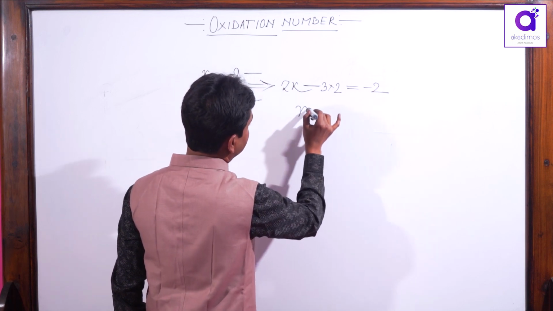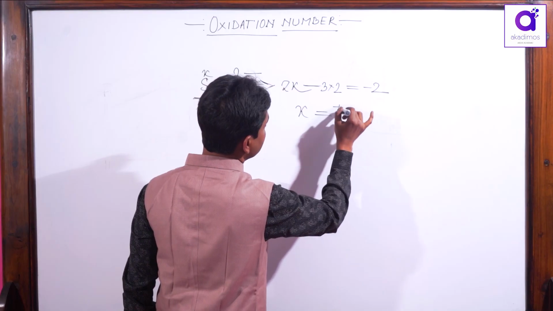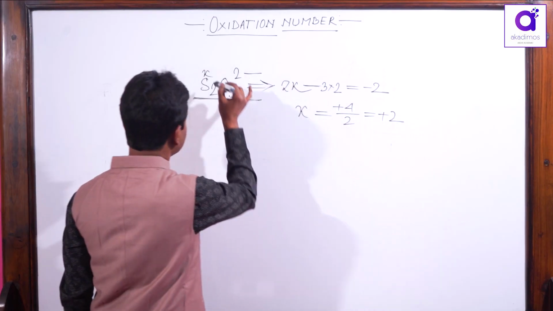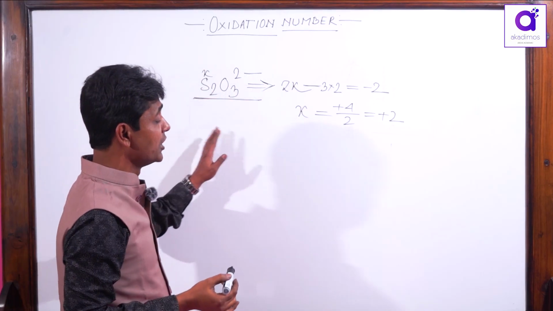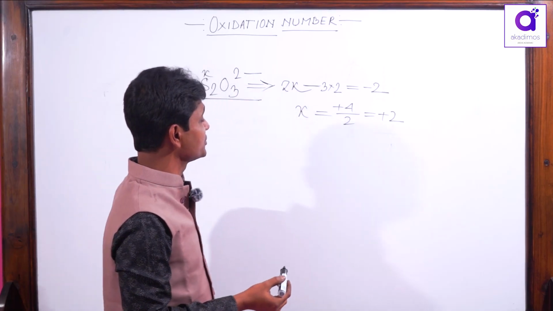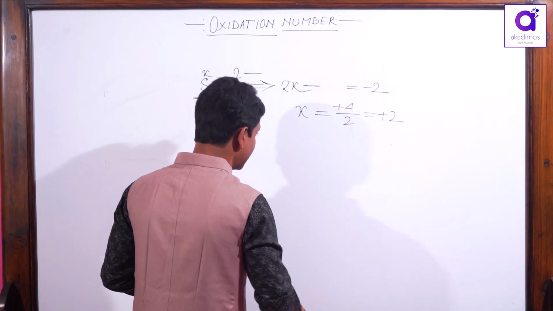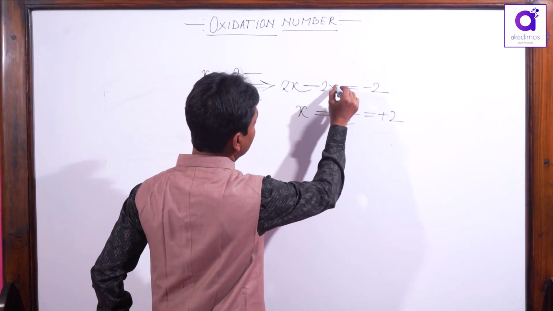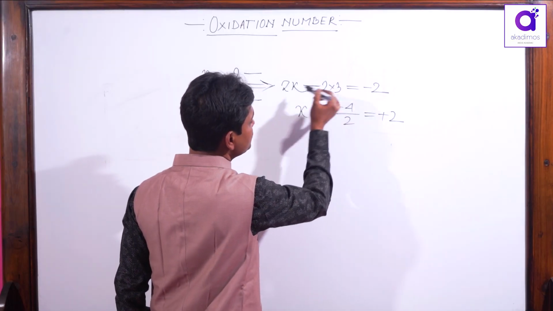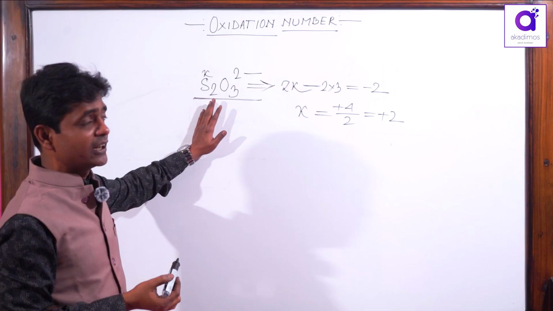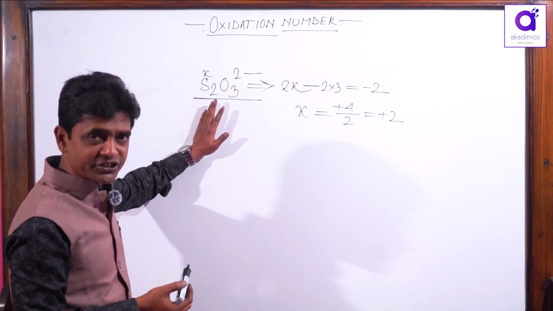You will get X equal to +4 by 2, which equals +2. Now the sulfur oxidation state here is +2, but remember this +2 is the average oxidation number of sulfur. Here there are 2 sulfur atoms, and those 2 sulfur atoms have different oxidation numbers, which you will get only if you are able to draw the structure.